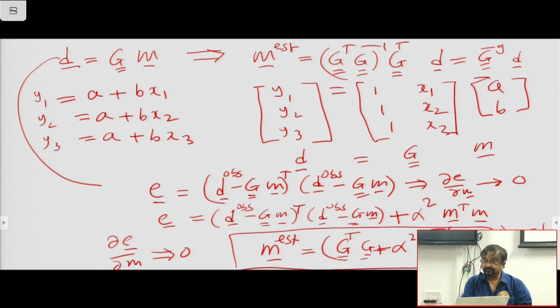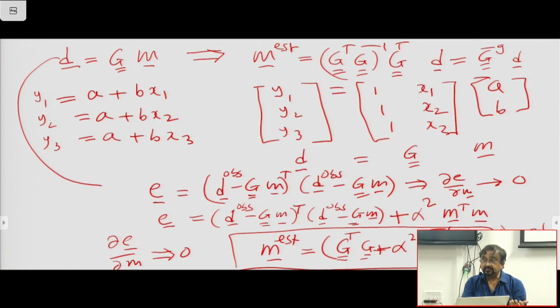This way you can put in a constraint that your model is small. But what this does is that it actually stabilizes the matrix inversion by adding a damping parameter. And this is called a regularization weight or damping parameter.